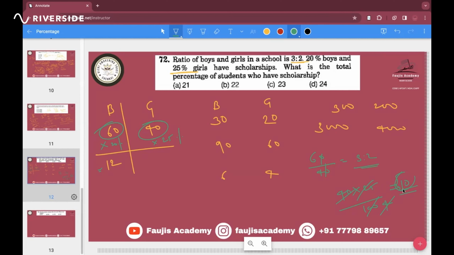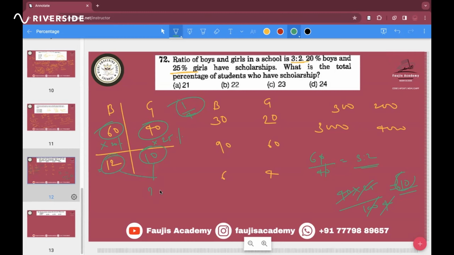Or otherwise, you might say that 25% is just 1/4. So this is how much? 10. So 12 boys and 10 girls have got this scholarship.